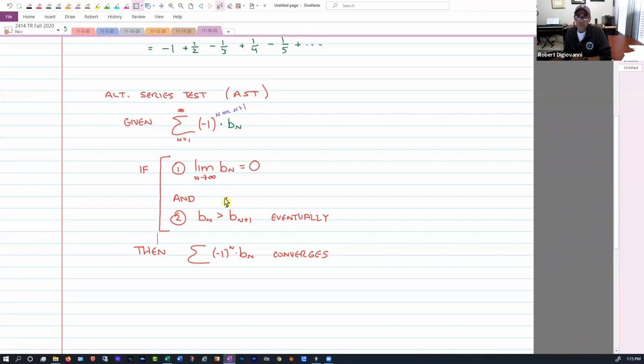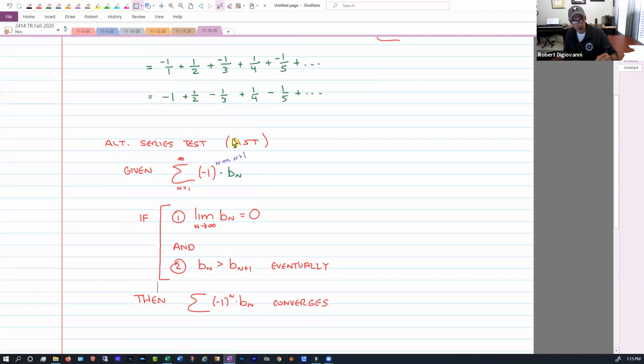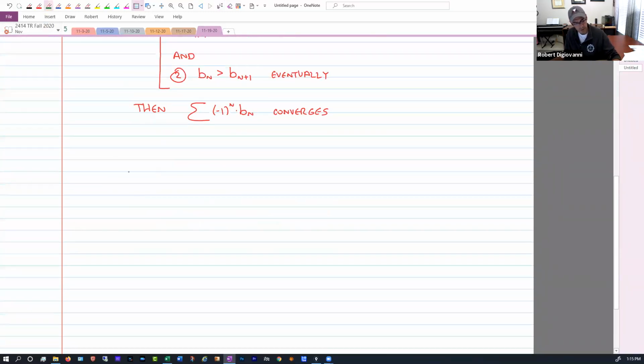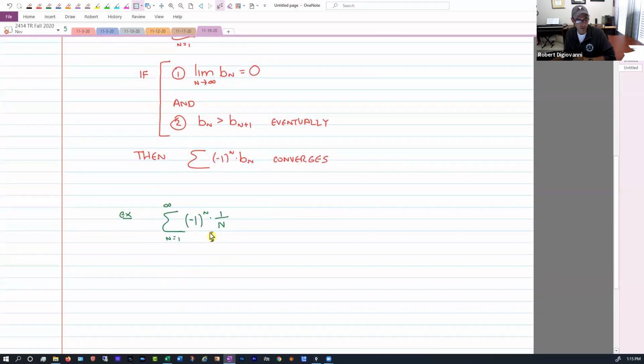Right, so let's go ahead and do this for this series up here. So I'm going to write it down here for us. We have this example where we have the sum from n equals 1 to infinity of -1 to the n times 1 over n. Do you see I took that n on the bottom and split it off to the side as 1 over n? That's the same thing, right?